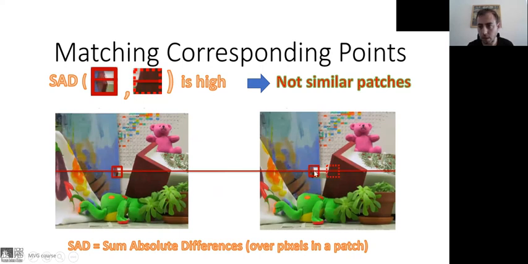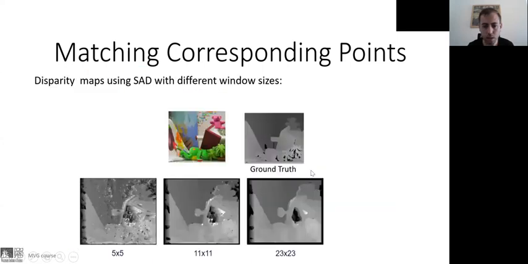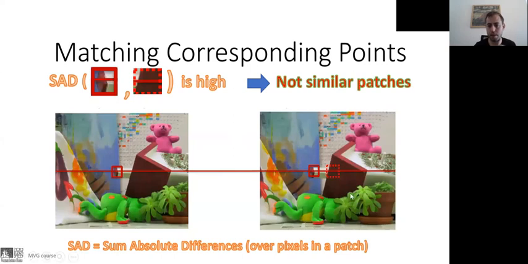Yes. So if you go to the next slide, this is only talking about the first patch in the first image? No, for each pixel, I have one patch in the left image, and then I go over all the pixels in the right image. And you sum all the patches?